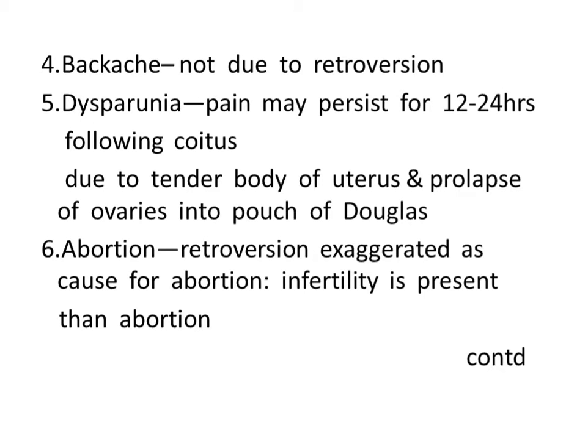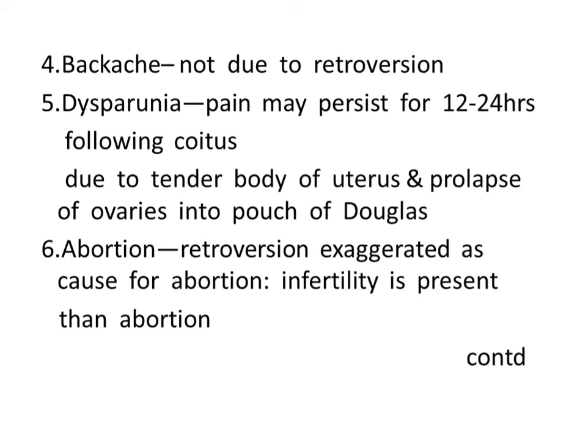Then abortion. Retroversion may not directly be a cause for abortion, though it has been mentioned many times. The cause may be because of the associated condition. For example, if there is a fibroid polyp, uterine action is more, uterine contractions are more. Then, while it is trying to expel the polyp, even the implanted ovum or embryo may be expelled, causing abortion.